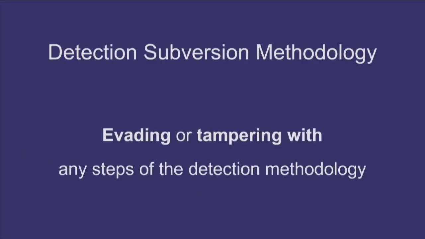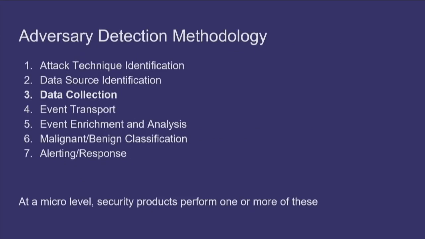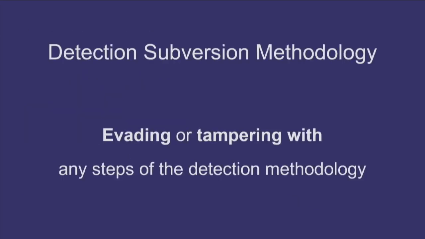So just as we have these 7 steps for a detection methodology, those exact same steps inform our subversion methodology. Essentially, the detection subversion methodology is evading or tampering with any of the steps of the detection methodology.